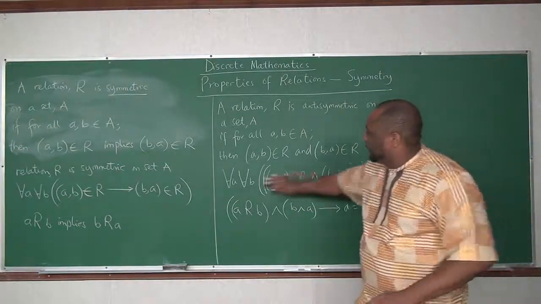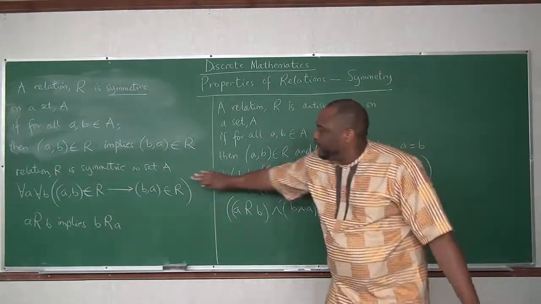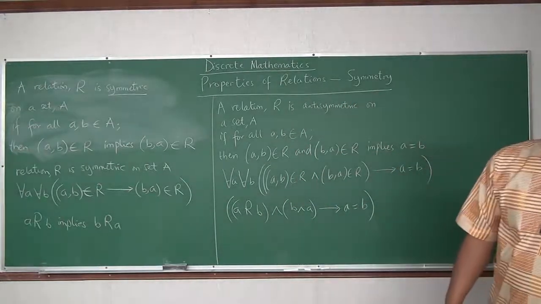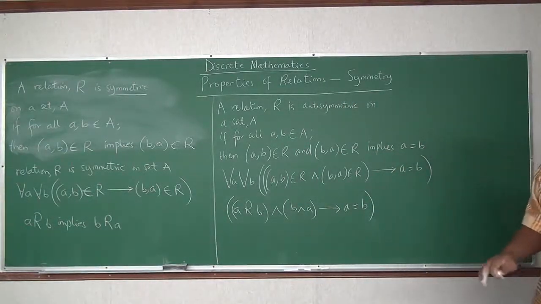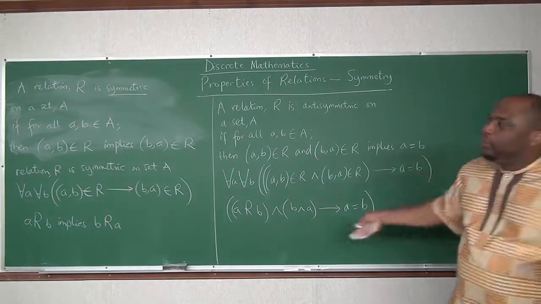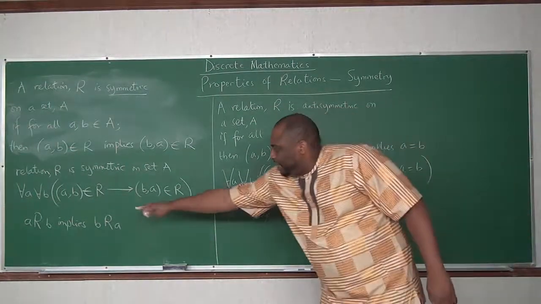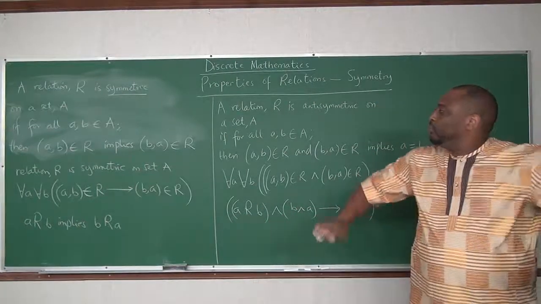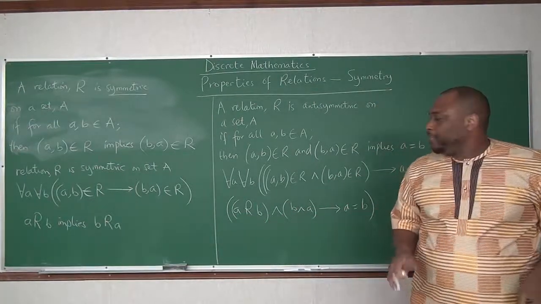For predicate logic, you use quantifiers. But another way you could define this is what I just wrote. That is when we say antisymmetric.